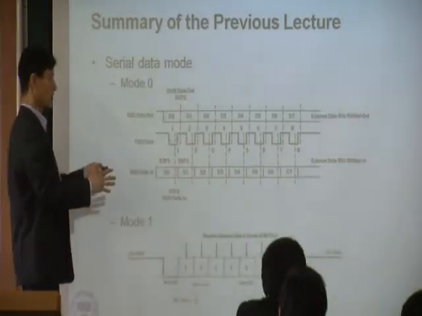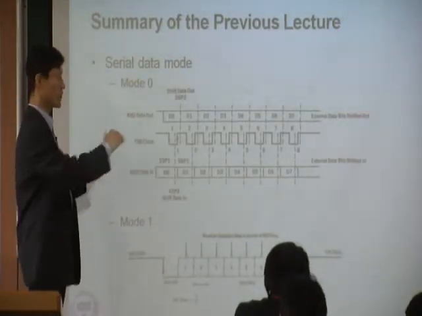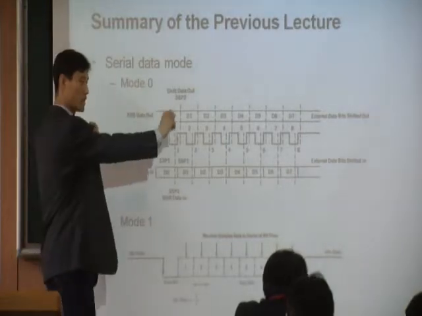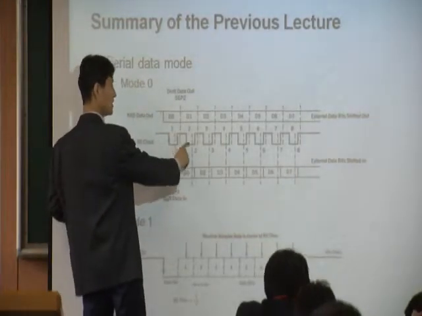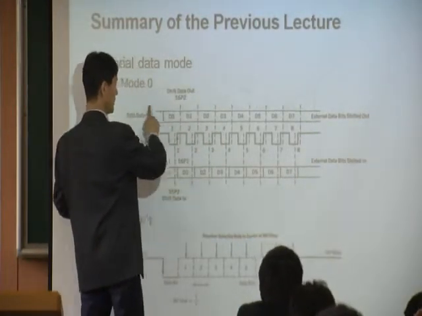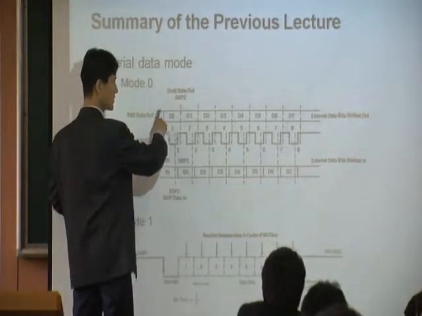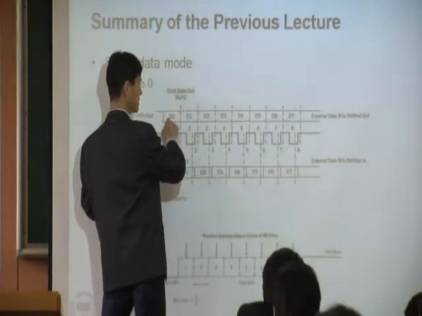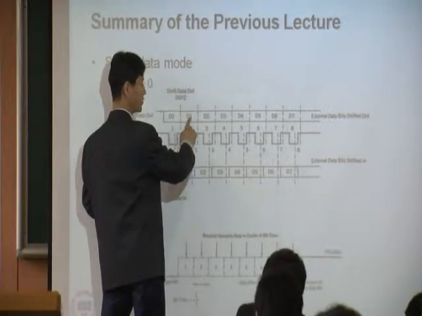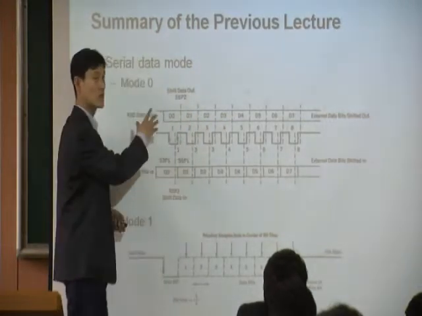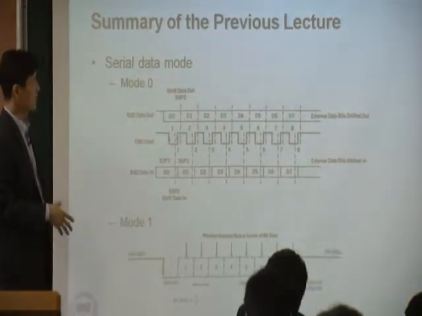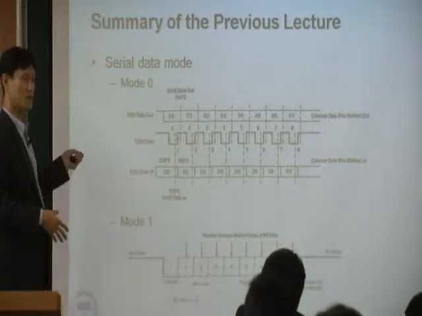Once you do that, this is what you're going to see over the wire. You transmit the clock like this, and for the RxD, you transmit certain data, like 1010. So that's what happens in mode 0. However, mode 0 is not that popular.